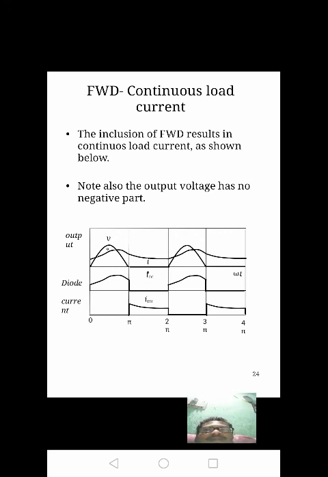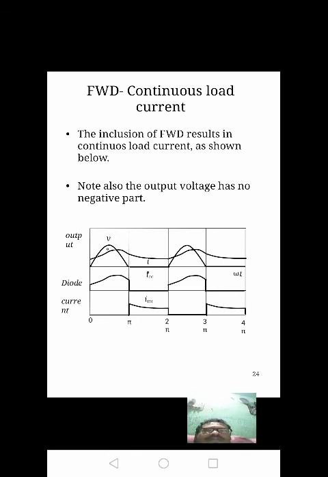Note also the output voltage has no negative part. We are observing rectification, which converts AC to DC. At that time there is no negative output voltage and no negative current.